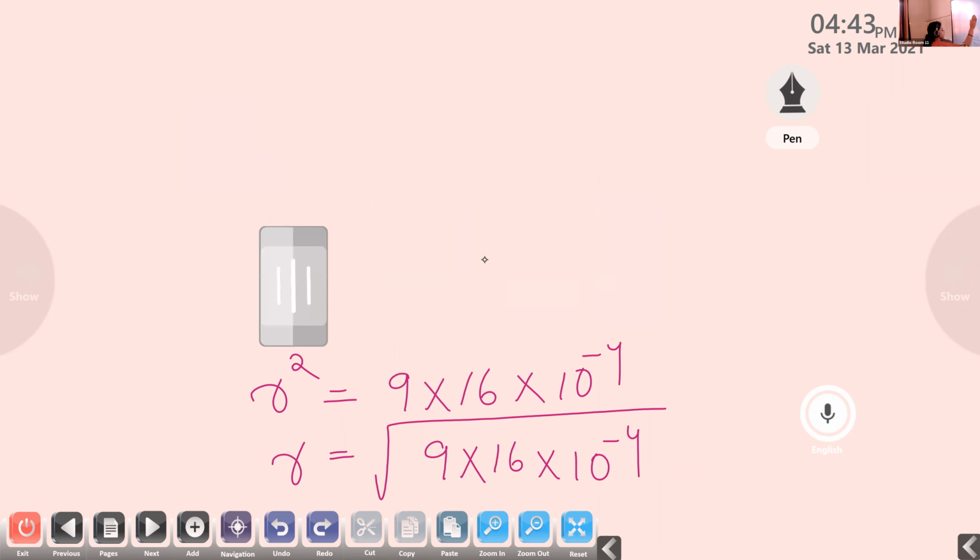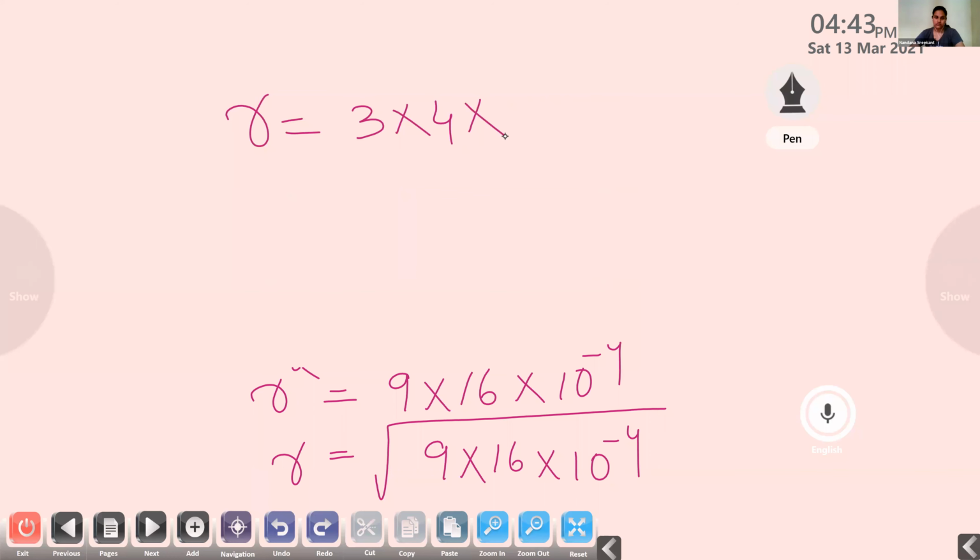So R is equal to, what is the square root of 9? 3. Into the square root of 16, which is 4, into the square root of 10 raised to negative 4, which is 10 raised to negative 2.